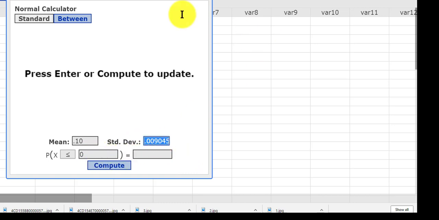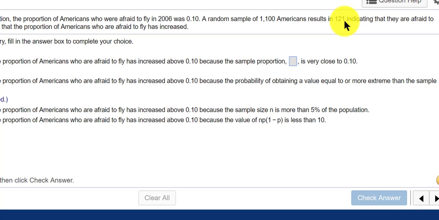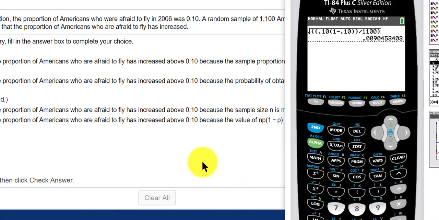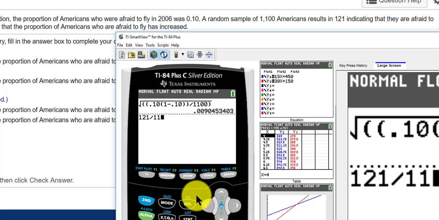Okay, and we wanted to see how many passengers there were. So it looks like there were 121 out of 1,100. So I actually have to do a little more math here. I have to divide 121 by 1,100.